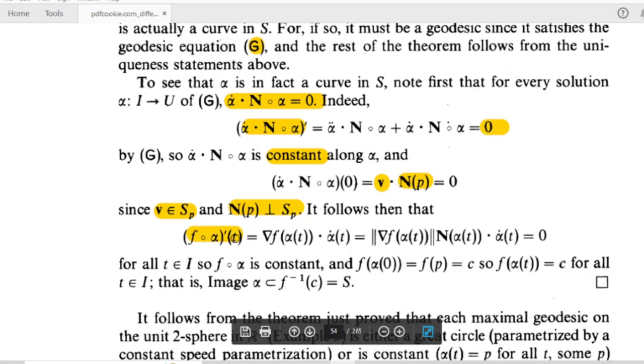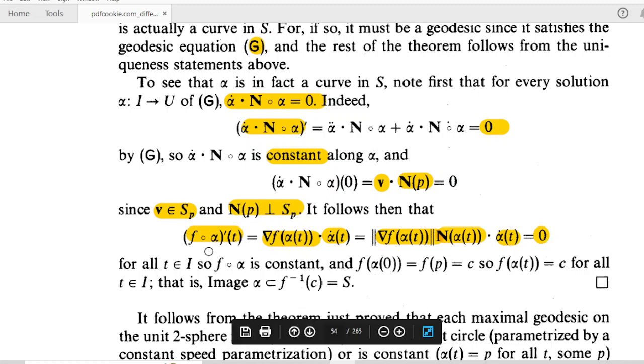f composed with alpha dash of t can be written as nabla f of alpha of t dot alpha dot. Also we know that when we defined n bar of alpha of t, n bar of alpha of t is nabla f of alpha of t divided by the norm of nabla f of alpha of t. So instead of nabla f of alpha of t we can write the norm of nabla f of alpha of t into n bar of alpha of t, and alpha dot is alpha dot of t. So we know alpha dot is the velocity vector and n bar is a normal vector, and so the dot product is 0.